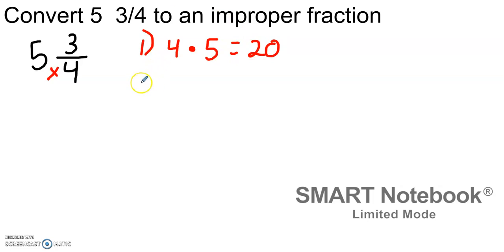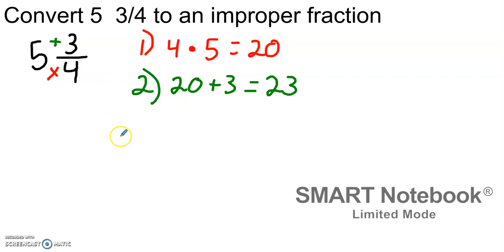Step 2 says you take the result of step 1, in this case 20, and add what is in our numerator. Here our numerator is 3, so we're adding the 3 pieces. 20 plus 3 is 23.